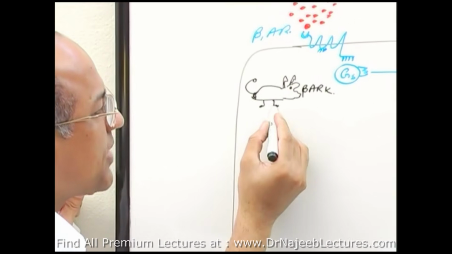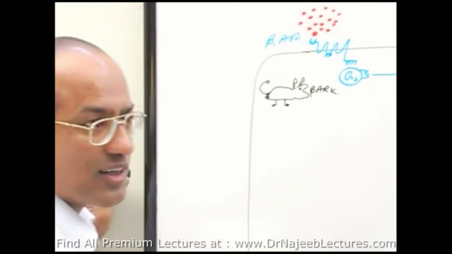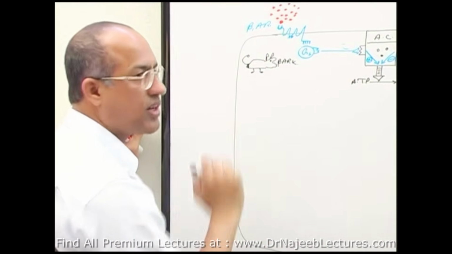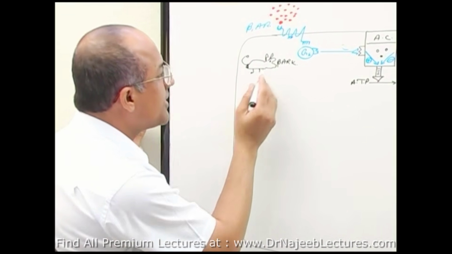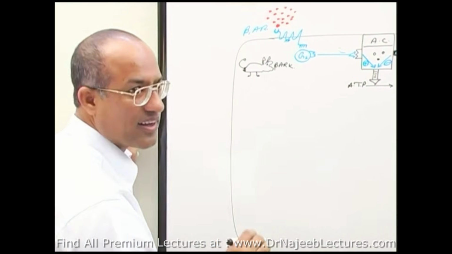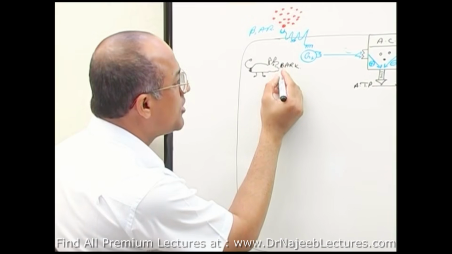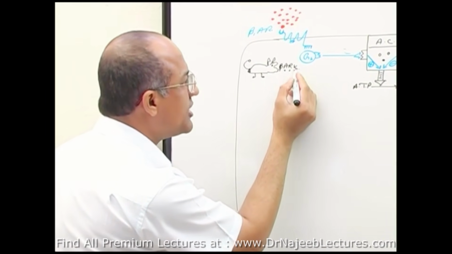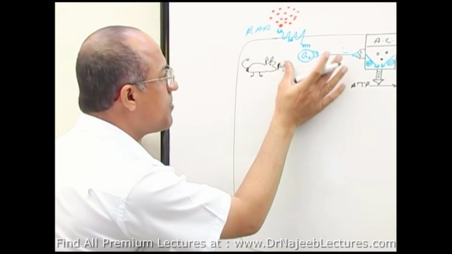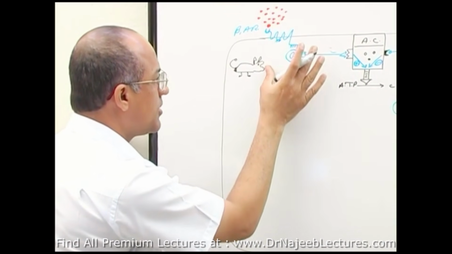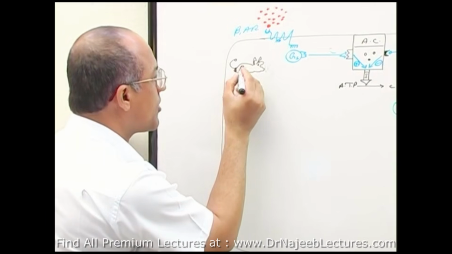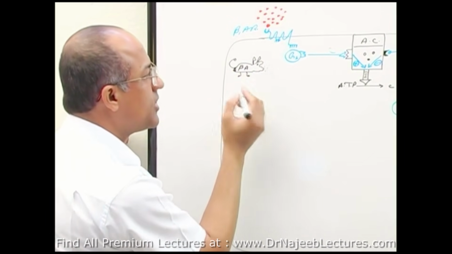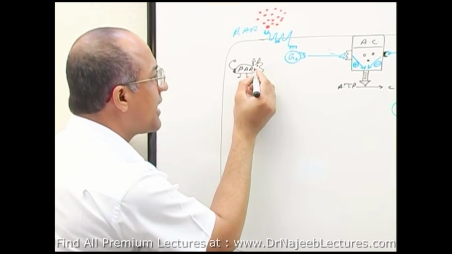This is an enzyme present within the cell all the time, in all those cells which have beta 1 adrenergic receptors. Right. This enzyme is barking. Why? Because its name is beta adrenergic receptor kinase. What is the name of this enzyme? Beta adrenergic receptor kinase.